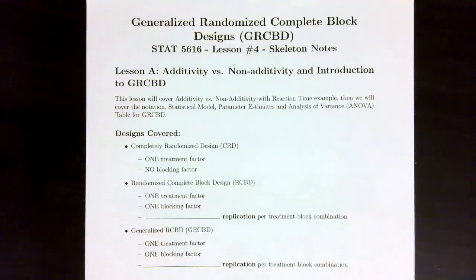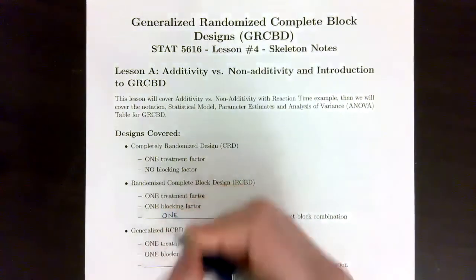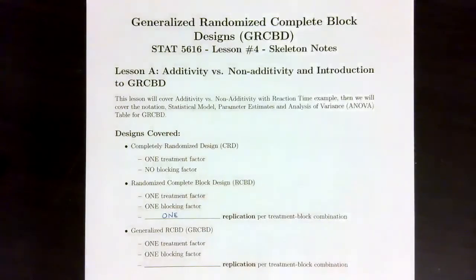And again, our block is not of interest to us, but we're just trying to block out extraneous sources of variability to help us understand our treatment. And the key factor with the RCBD is that we only have one replication. We just have a single replication per treatment block combo.